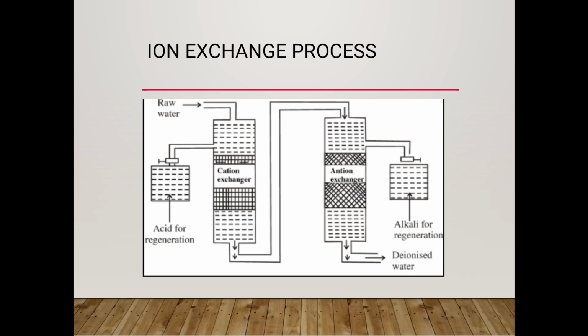Further, the water moves to the anion exchanger, where the anion exchange resin removes the anions and replaces them with OH minus, where H2O is formed, and through this whole process we get deionized and demineralized water.